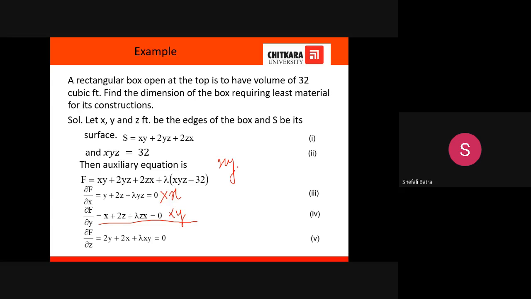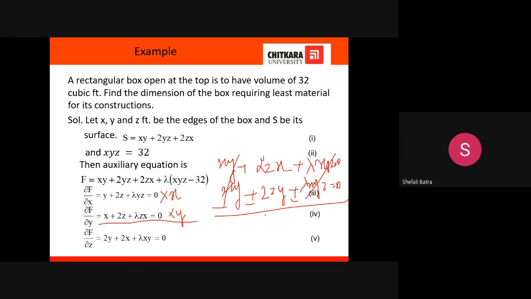I'm writing here: xy plus 2zx plus lambda xyz is equal to 0, and xy plus 2zy plus lambda xyz is equal to 0. Then subtract it. So this cancels out, this cancels out, and from here 2zx minus 2zy is equal to 0, and you get x is equal to y.